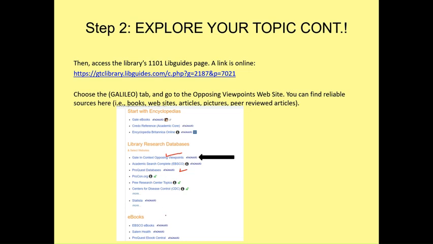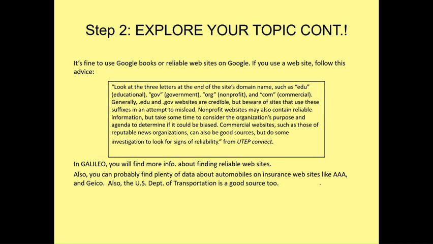And you'll have your ebooks and things like that, and pictures. So Galileo is an excellent source. You can use Google Books. That's fine. For this practice topic we're doing, I would also say websites like AAA, Geico, the U.S. Department of Transportation.